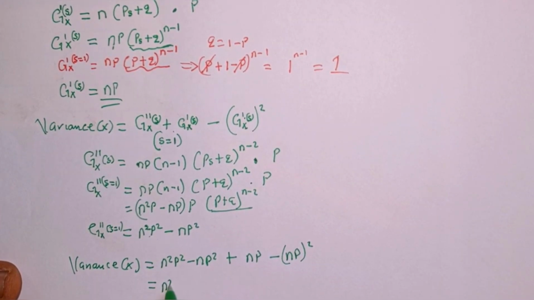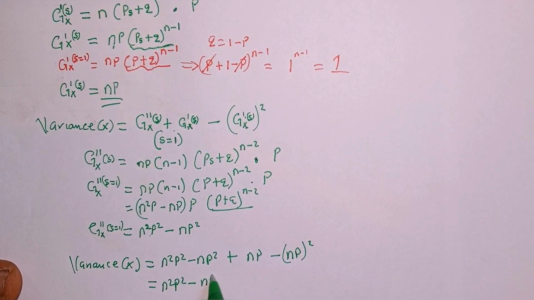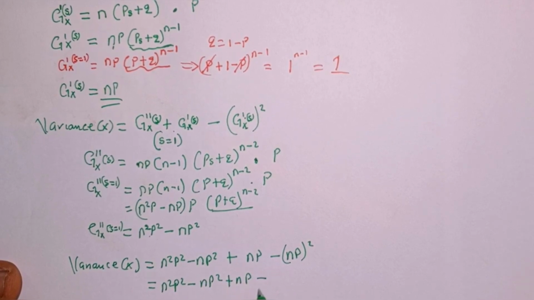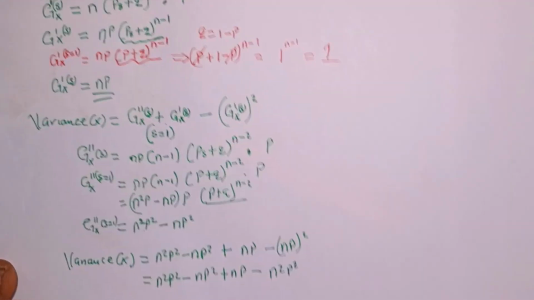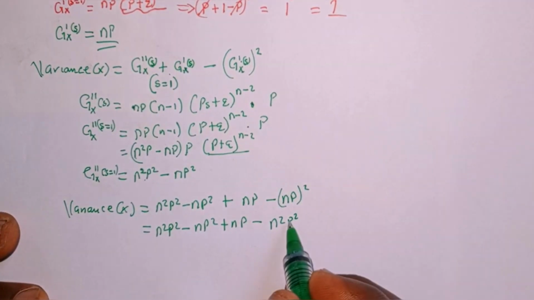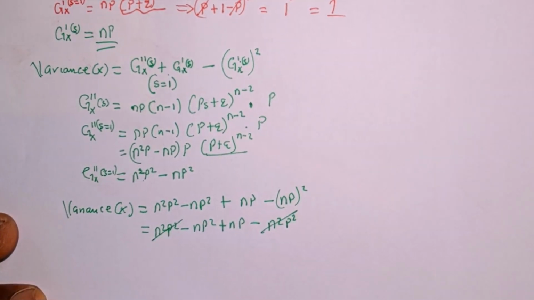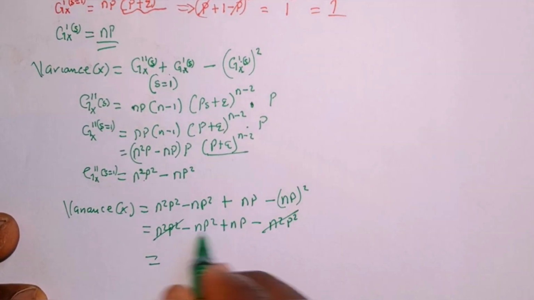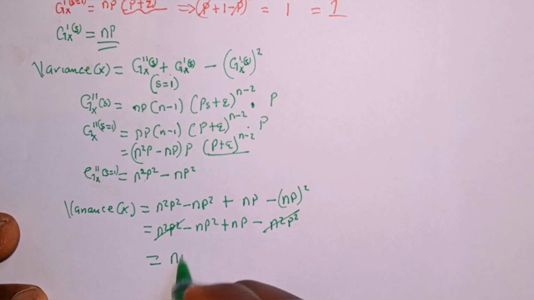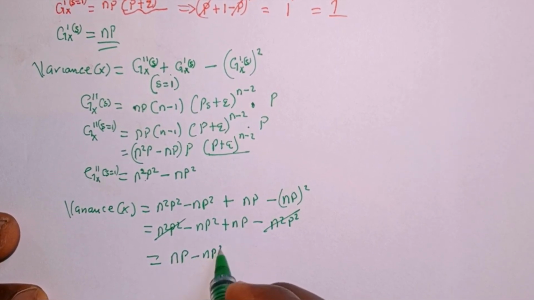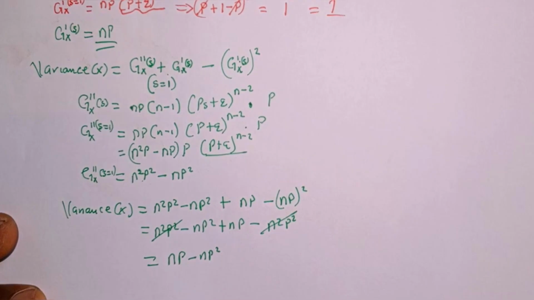So we simplify this. N square p square minus np square plus np minus n square p square. We have negative n square p square here and positive n square p square, so this and this cancel. The whole of this can also be rewritten as np minus np square.